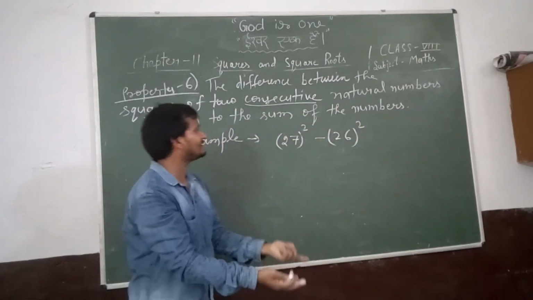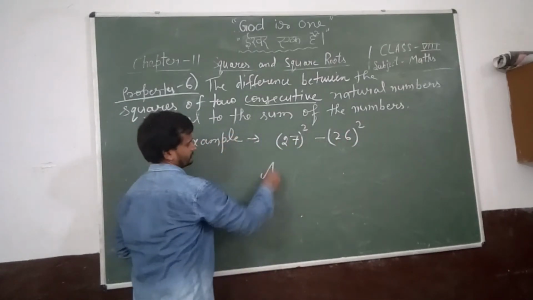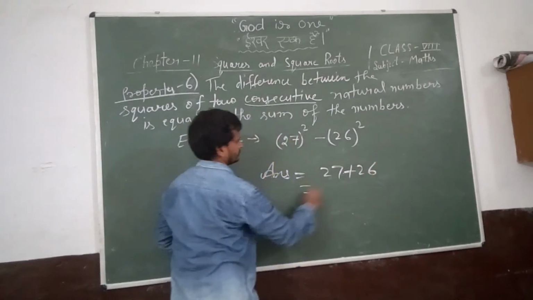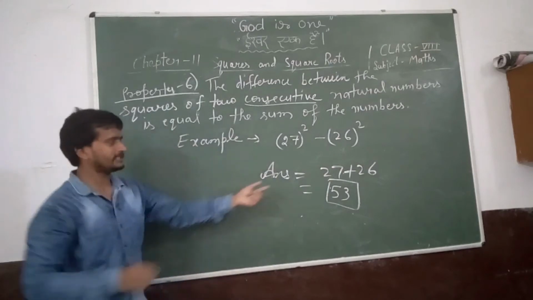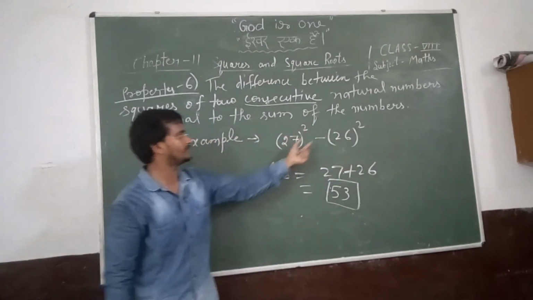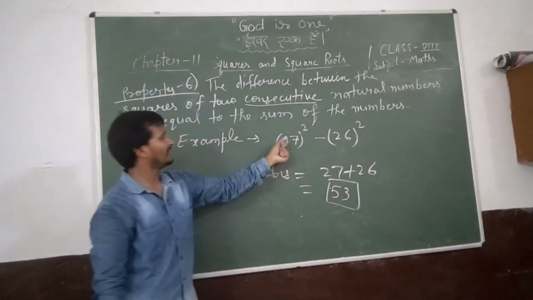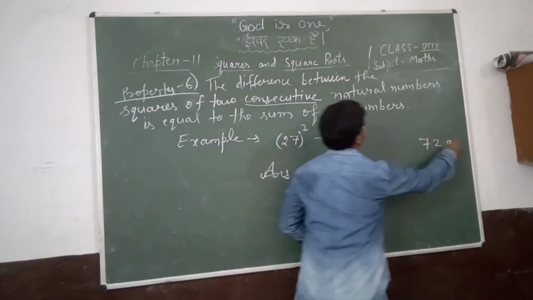We can directly write the answer. This will be the answer. There is no need to solve this, to find the square of this, to find the square of this. Let us check whether it is right or wrong. The square of 27 is 729.